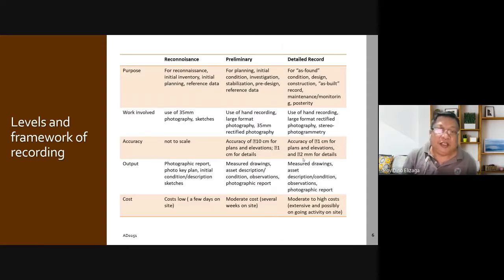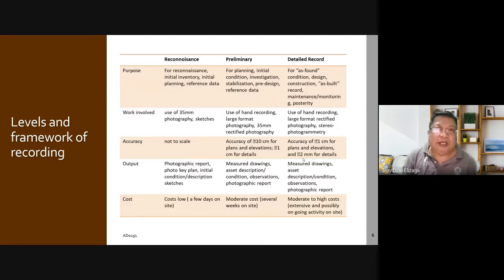There are three levels in terms of recording. First is reconnaissance, second is the making of preliminary drawings, and finally the detailed record. Reconnaissance is when you are still trying to get initial ideas about the project. You spend only a few days or maybe even only a few hours to take pictures, make sketches, and take some notes.